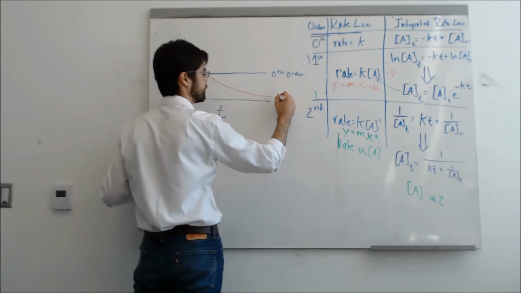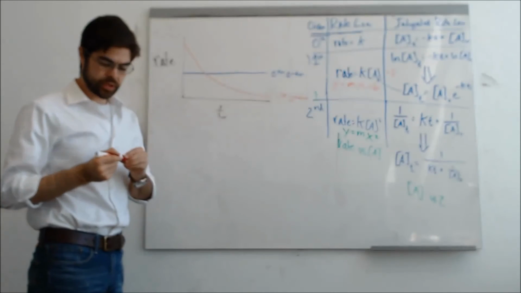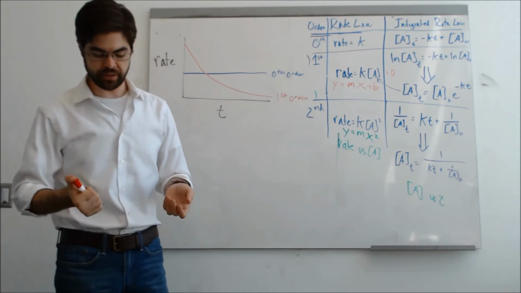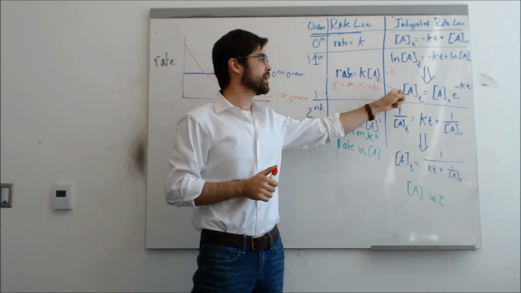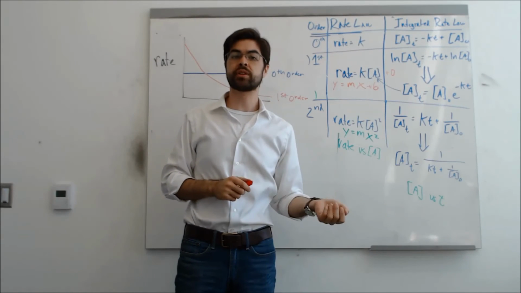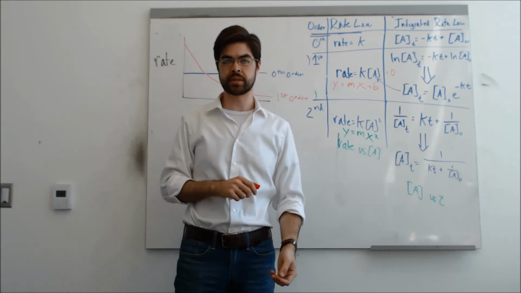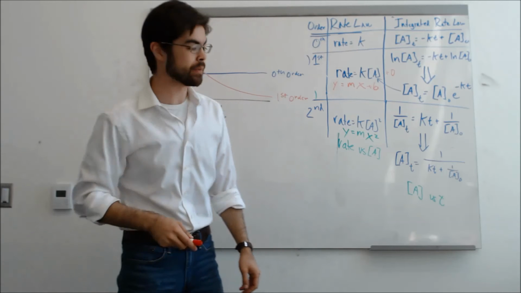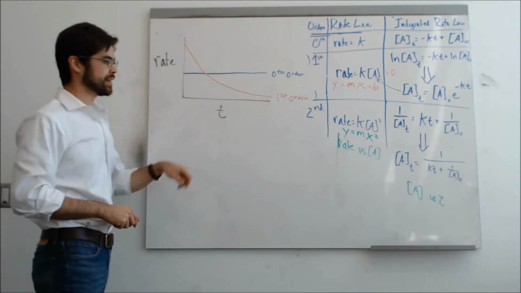So again, that would be for a 1st order reaction. You can rationalize that to yourself: the rate depends on the concentration. The concentration decreases exponentially with time. So as a result, the rate decreases exponentially with time. That's a substitution we could do there.